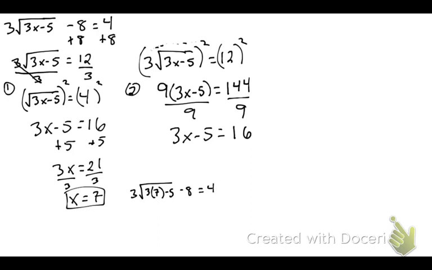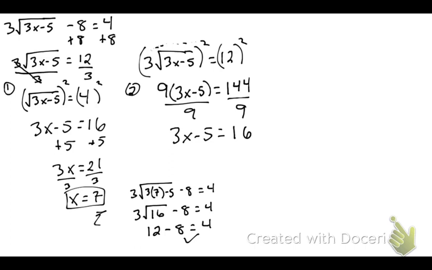Well, 3 times 7 is 21, and 21 minus 5 is 16. The square root of 16 is 4. 3 times 4 is 12. And 12 minus 8 is indeed 4, so this checks out. This is our solution. We did a good job.